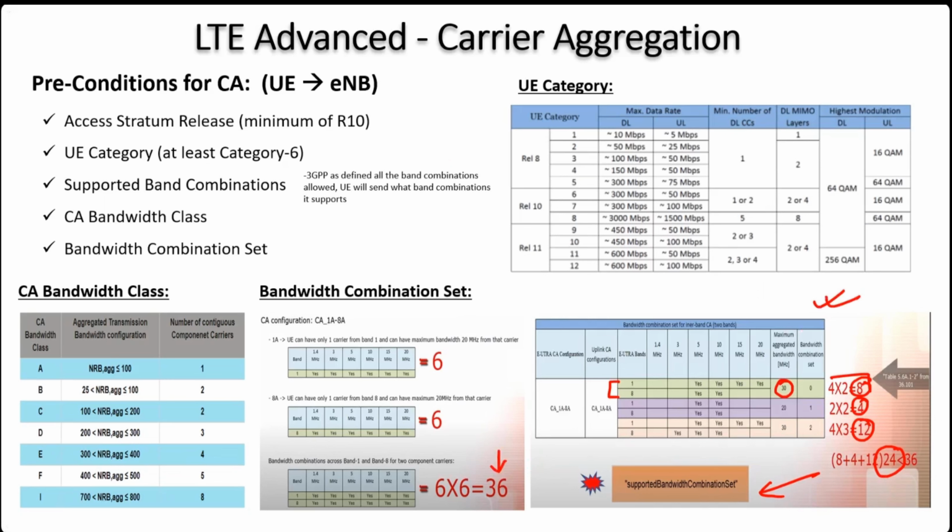Yes. Means in 1A 8A, it's maximum 30 megahertz you can. No, in 1A 8A, if you go with one particular set, it will aggregate 30. If you deploy all these three sets, then maximum aggregation is 30, 36.